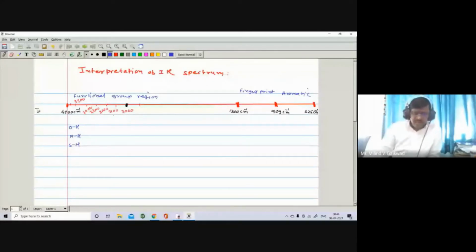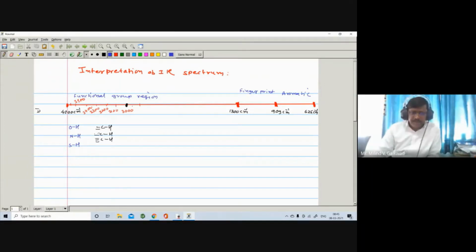If there is hydrogen directly attached to a doubly bonded carbon atom, a triply bonded carbon atom, or directly attached to benzene, it generally appears between 3100 and 3300, or you can say above 3000.